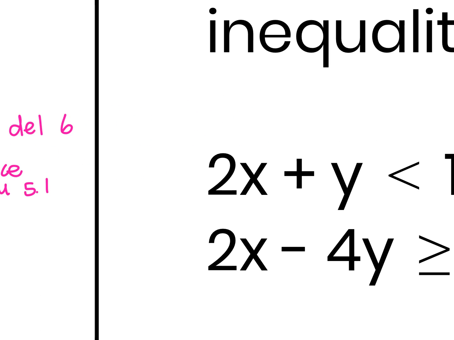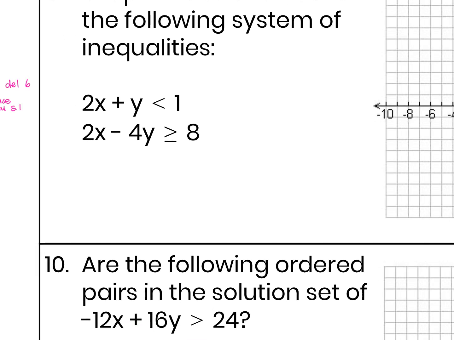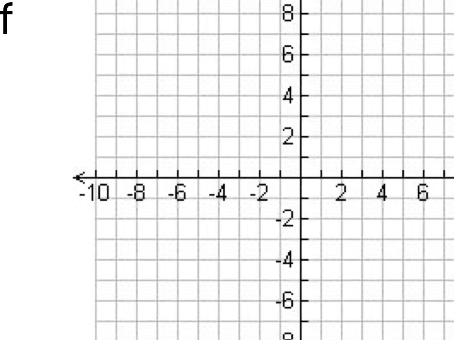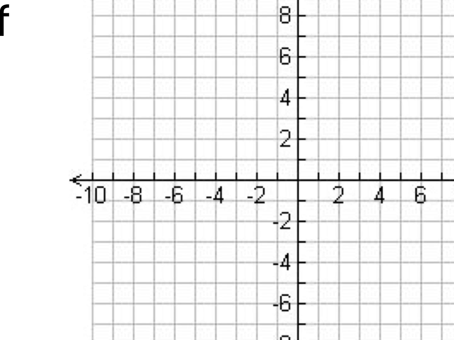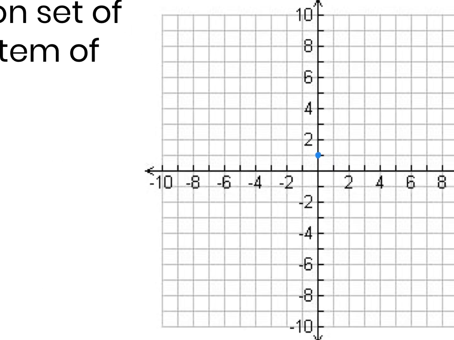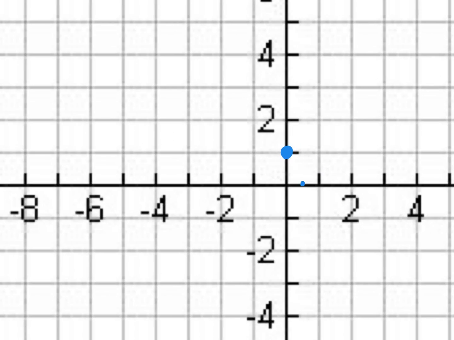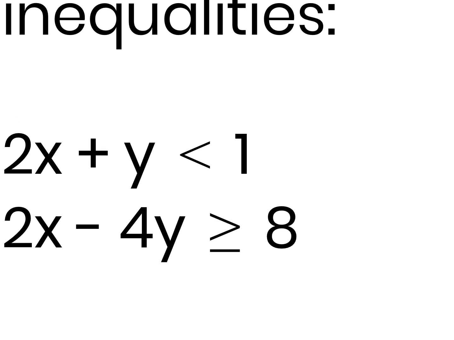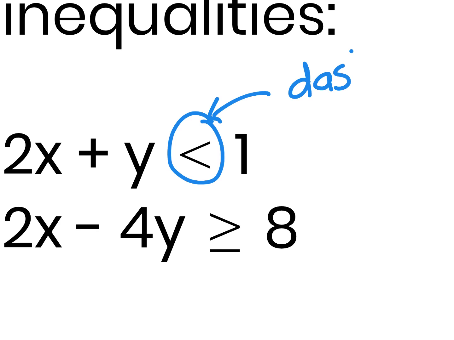So I'm going to do that one right now. 2x plus y is less than 1. Also, because that symbol is not underlined, this is going to be a dashed line.